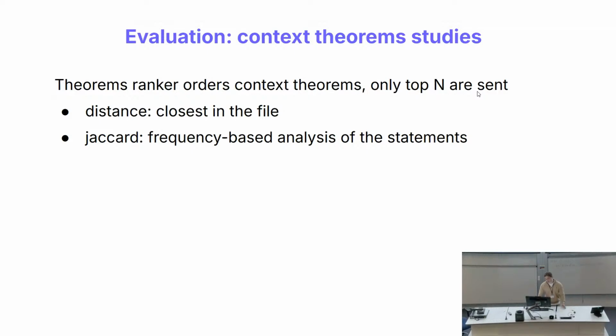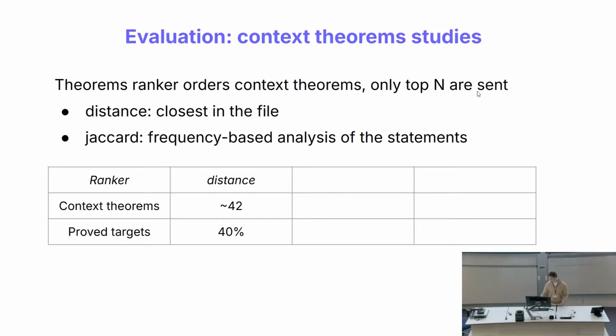You can also implement different ways of context selection easily in CoqPilot, and we evaluated two context selection metrics against each other. The first one is dumb; it just takes the theorems closest to the target from the top of the file, and the second one uses frequency-based analysis between two statements.